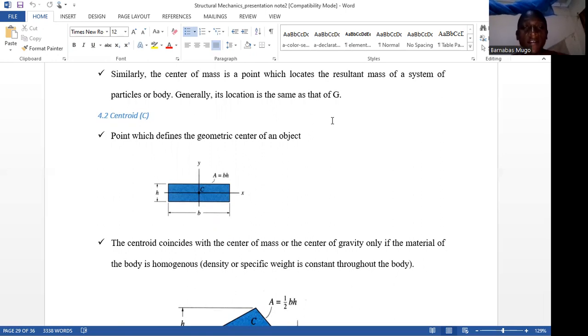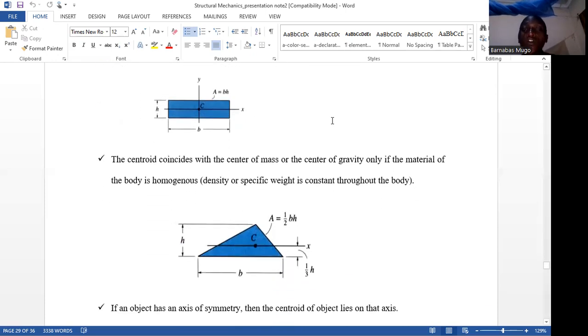In the rectangle that you can see here, the x-axis and the y-axis intersect at the center of that rectangular section. That center where the x and y axes coincide is termed the centroid of this rectangle.